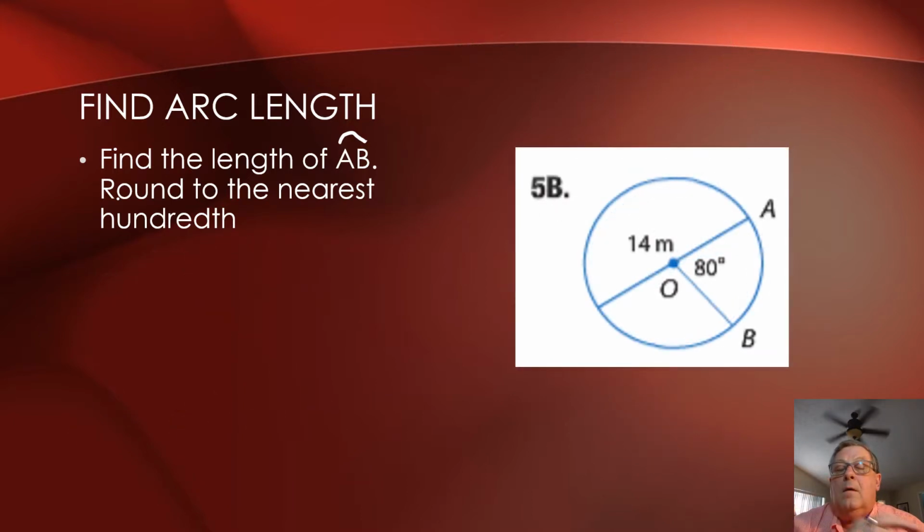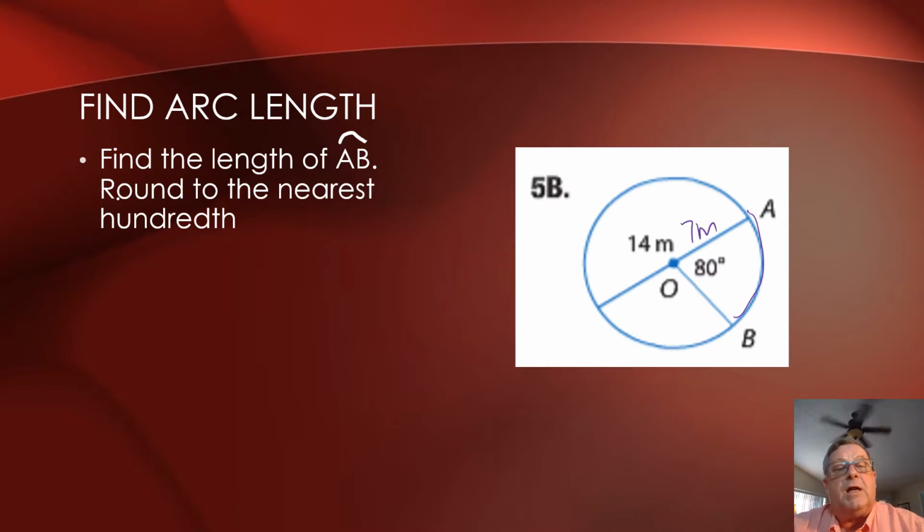All right, so here I got a circle, and I'm looking to find again the measure of arc AB, and here's AB right here. I'm trying to find the measure of that in linear units, and I've got a diameter here of 14 meters. Well, if the diameter is 14 meters, then that would mean that the radius is 7 meters, half that amount.